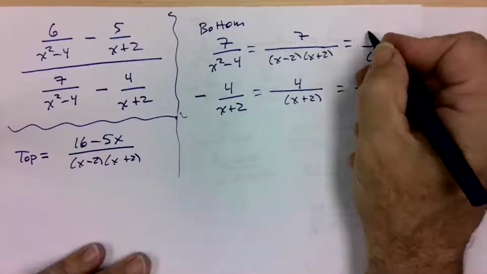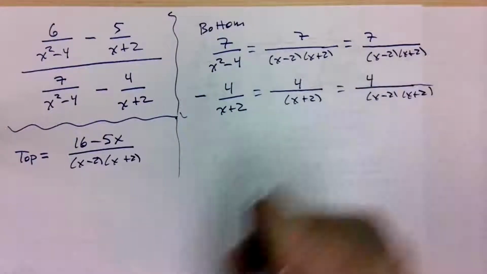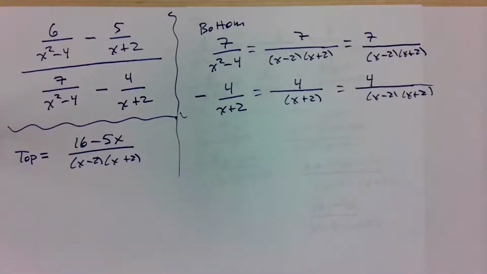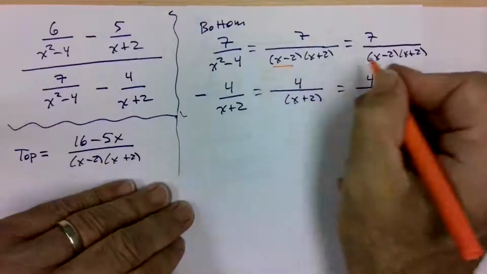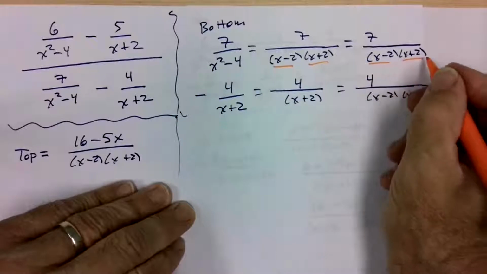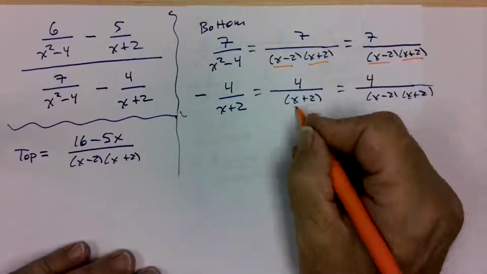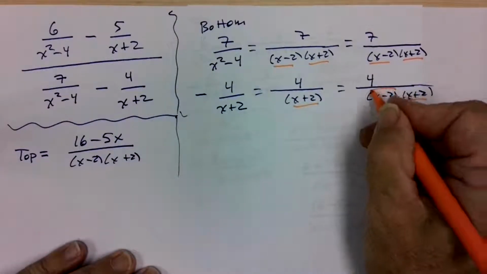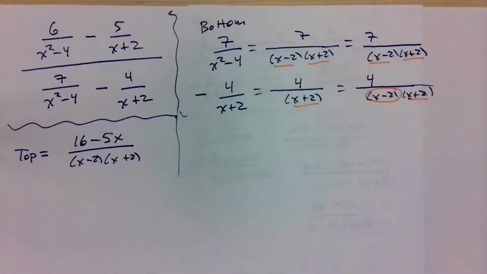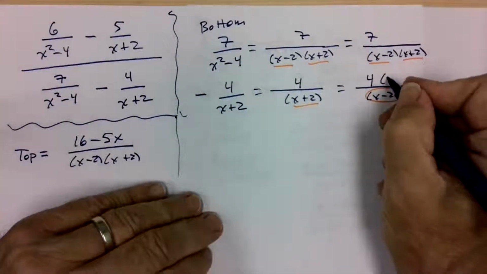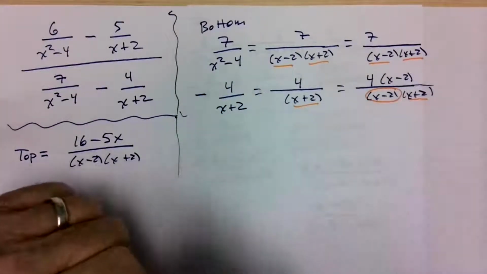Look for things that are new. 7 and 4 were old. X minus 2 was there before. X plus 2 was there before, nothing new. X plus 2 was there before, which means x minus 2 is new. So multiply x minus 2 on top to keep an equivalent fraction.